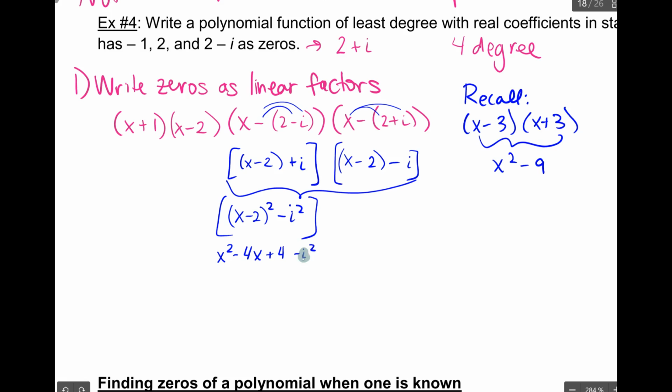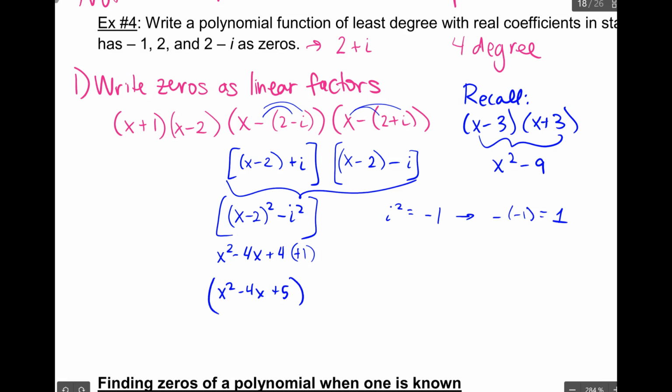Well, minus i squared is literally just plus 1, because i squared is equal to negative 1, and if you have negative of negative 1, it's equal to 1. That's why it's equal to plus 1 right here. Okay, so there's that one. If I add it, I'll have x squared minus 4x plus 5.